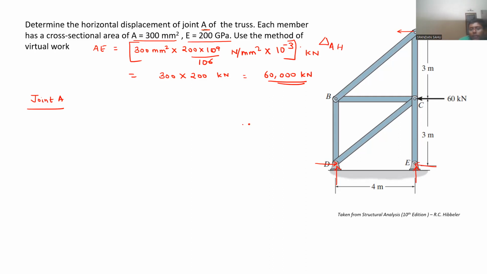The free body diagram for joint A will be like this. The member force F AB for member AB will come, and member force F AC will come. Let this angle be theta, this angle be alpha. So it is theta, and this is 30 kilonewton.